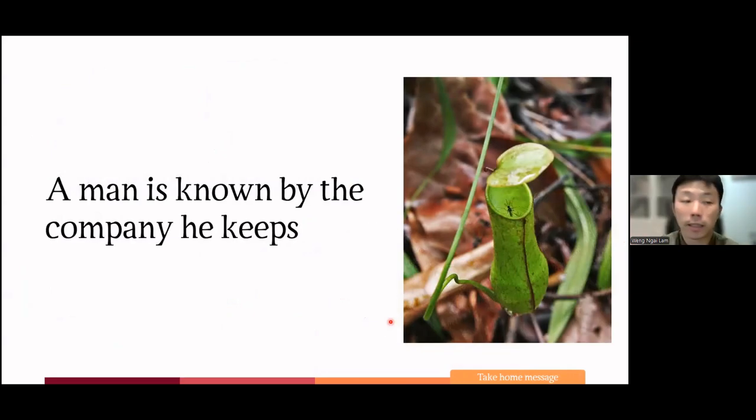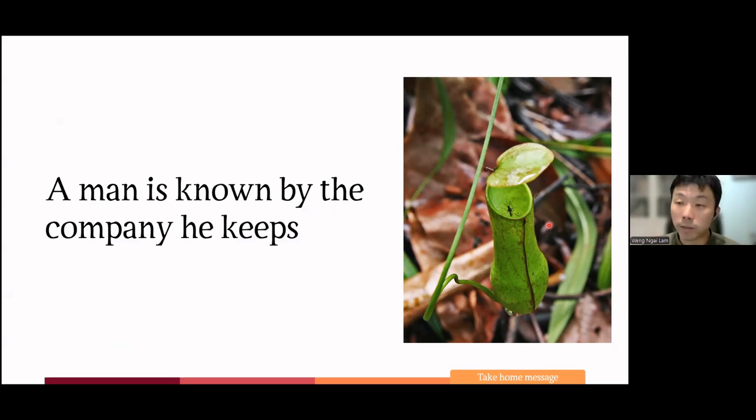There's a saying that a man is known by the company he keeps. And inquilines are, if you think about it, the closest friends of pitcher plants in some way or another. And that really says something about them. They were never meant to exist without each other. I know I'm speaking to people who grow these plants in greenhouses, in sanitized environments.